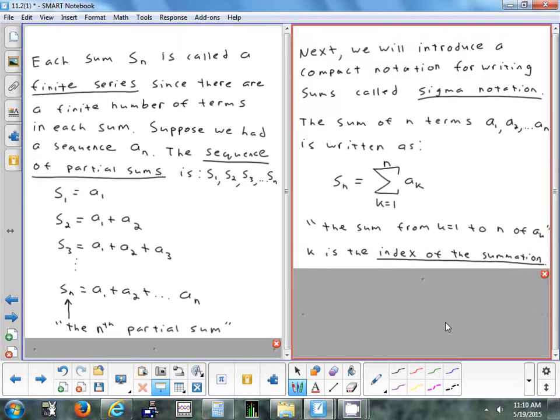That's called your index. Your index is where you're starting. The number on top of the summation is where you're stopping. If n was 7, you'd be adding up the first 7 terms. And then a sub k is going to be a formula for your sequence. What's that formula going to be? It could be different in every problem.